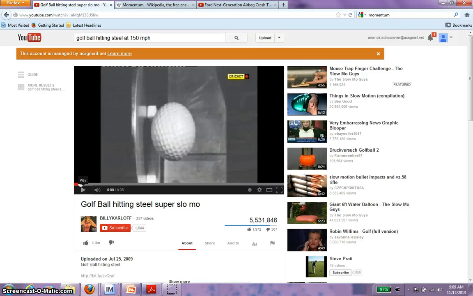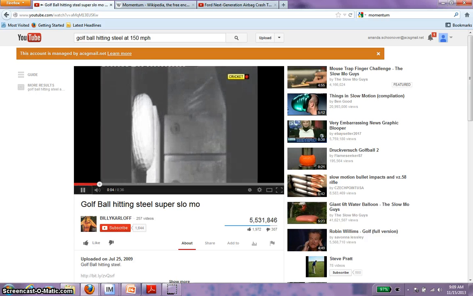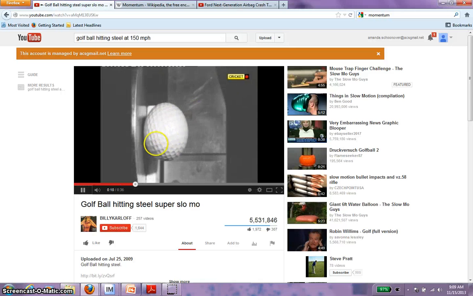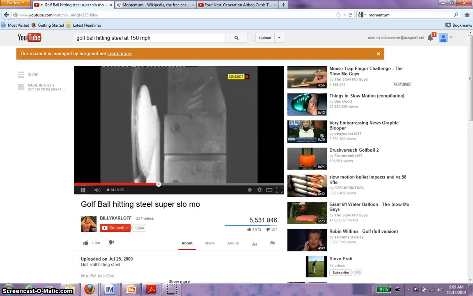Although we don't think of golf balls being elastic, this is a golf ball hitting a steel wall in super slow motion. You can see how the golf ball, because it's elastic, distributes the force in order to change the momentum. Therefore, it's never great enough to shatter either the wall or the golf ball.